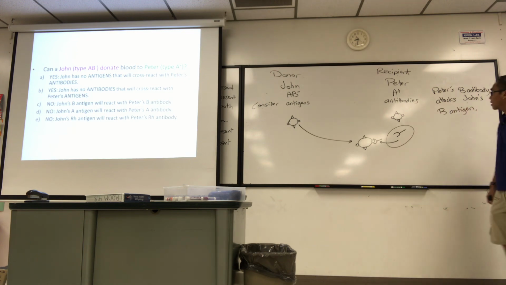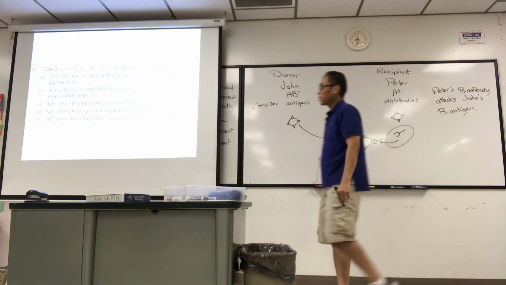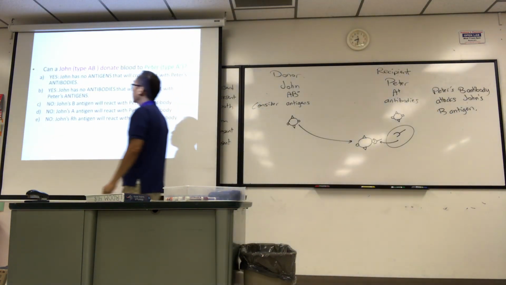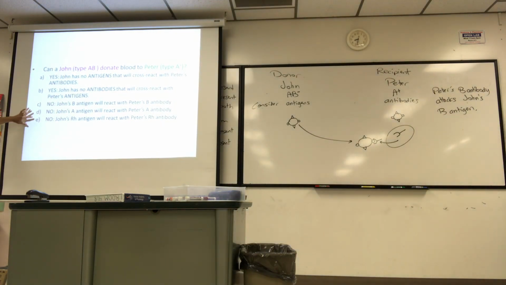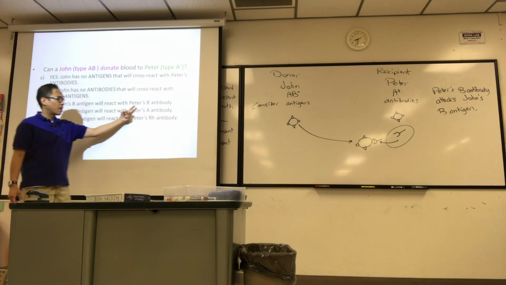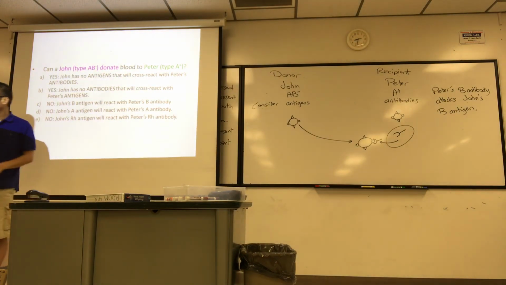So let's see if that's one of the choices. The answer is going to be one of the no's. You cannot donate safely. And there it is right there. John's B antigen will react with Peter's B antibody, stated slightly differently.